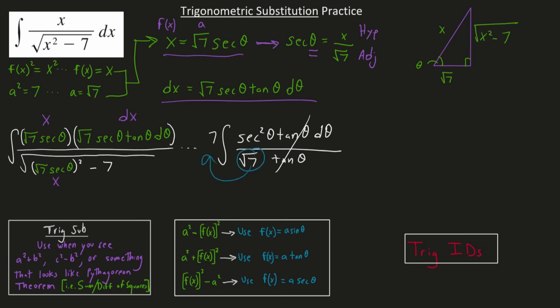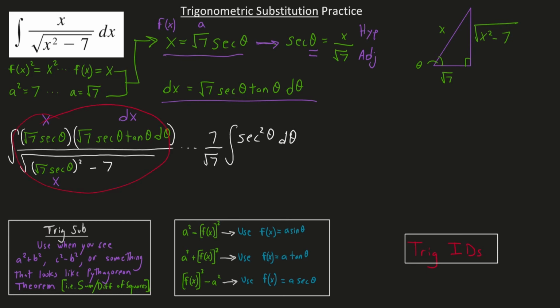I can get them out. So it looks like all this mess cleans up to this. And this integral makes me really happy, because I know the antiderivative of secant squared is just tangent. I know the derivative of tangent is secant squared. It's just something I memorize. So therefore, the antiderivative of secant squared of theta is tangent theta.